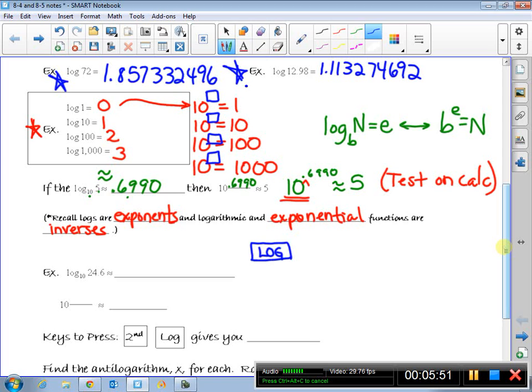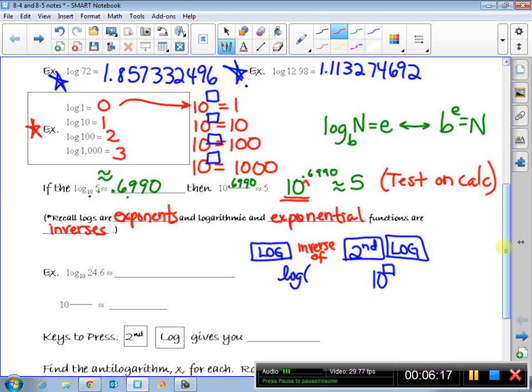And check out what's right above it. If you hit second log, hitting the log button gives you log of something. Hitting second log sets up 10 with an exponent. So even your calculator knows that these are inverses. Okay?